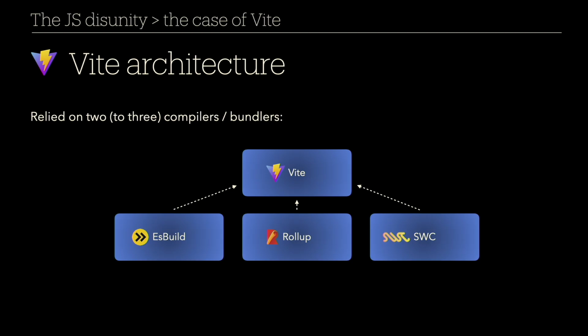Yeah, okay, so SWC, that's for React Refresh, that's a specific case and it's mostly for React. But that's a very good point indeed. And also about ESBuild and Rollup, does anyone have an idea why we have on one side ESBuild, which is built on Go, and Rollup on the other side, which is built on JavaScript? Yes? Yes.